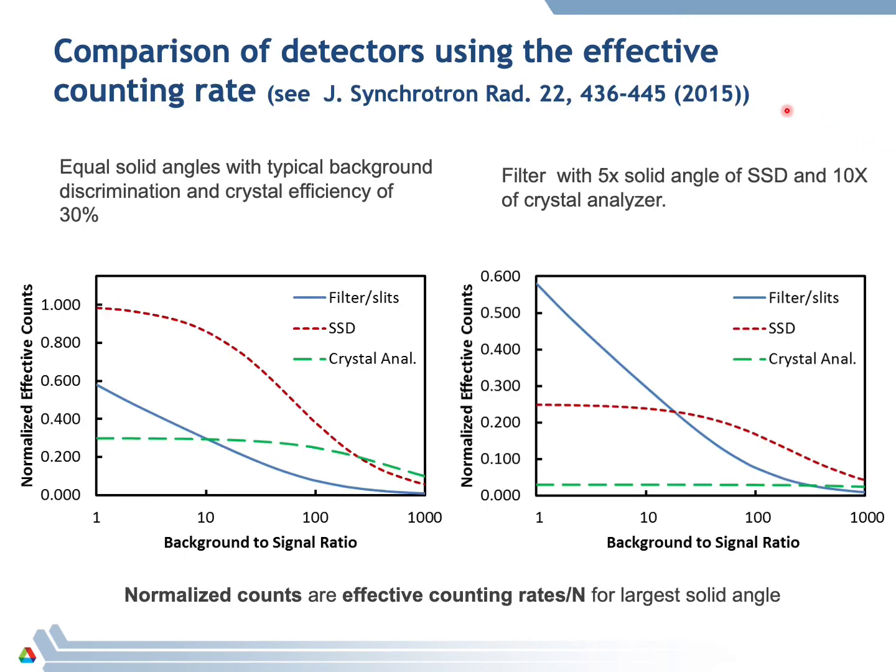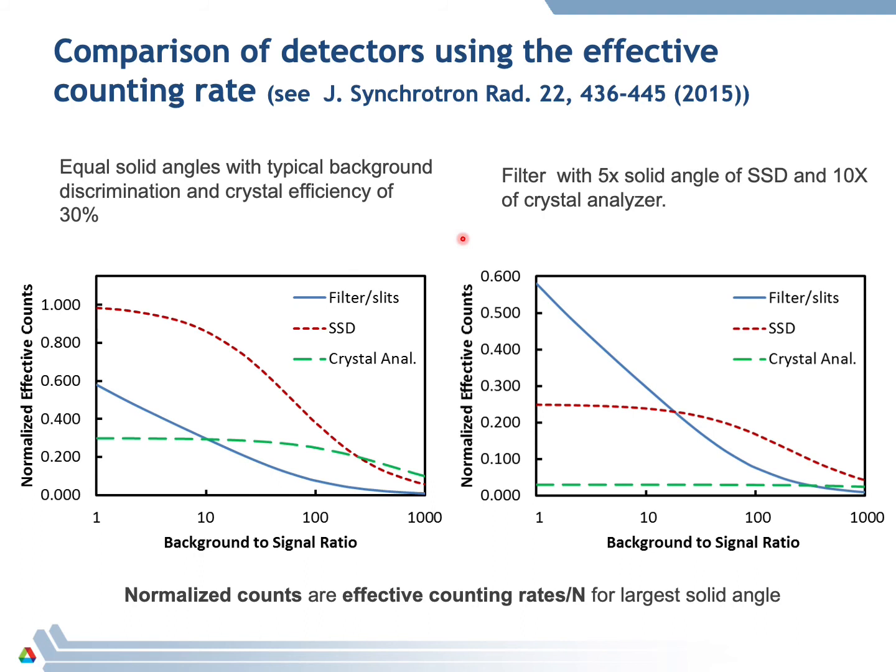So I wrote a paper a few years ago, this is the reference you can look up, where I tried to compare the performance of different detectors using this idea of the effective counting rate. There are 3 types of detectors that we can consider: the filter slit, which I mentioned, the solid state detector, or if you really want good energy resolution and good background discrimination, we can have various types of crystal analyzers which Bragg reflect the fluorescence but reject the background.